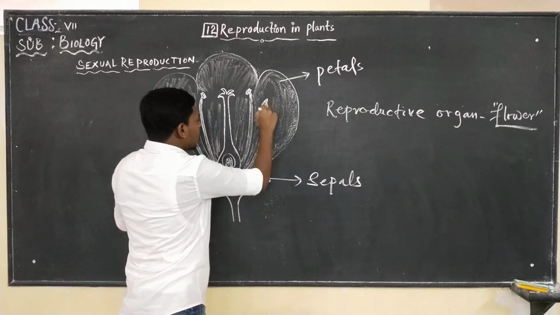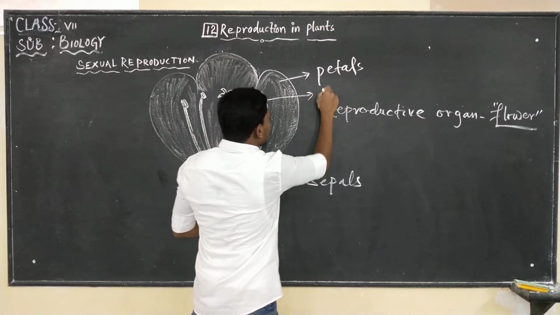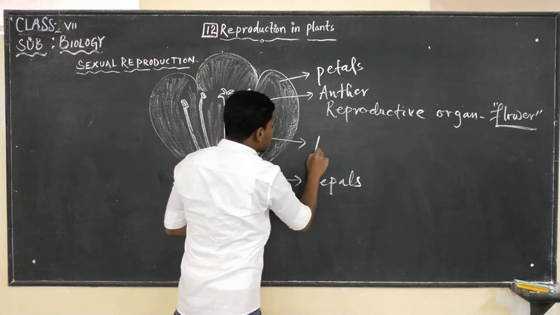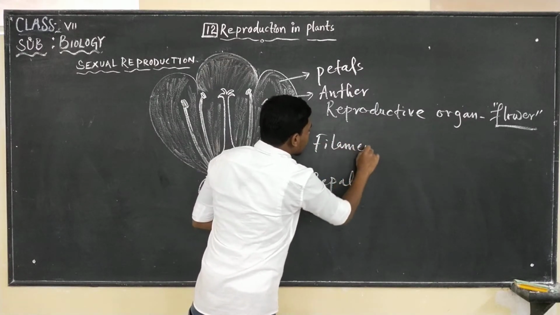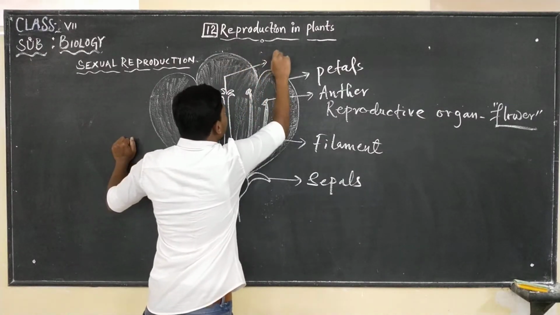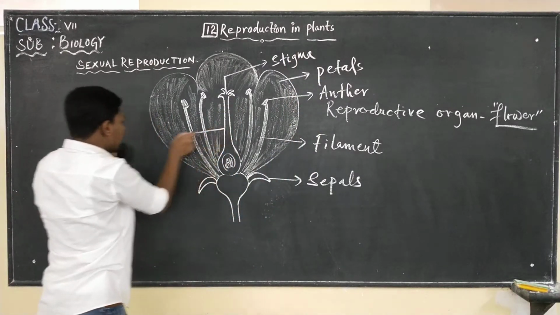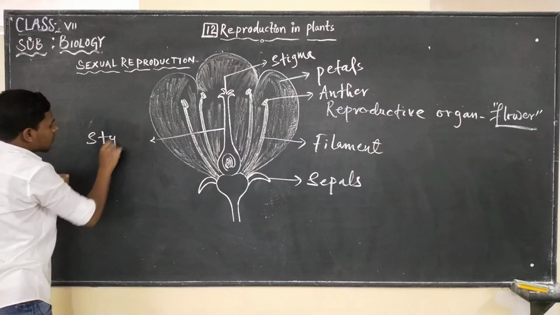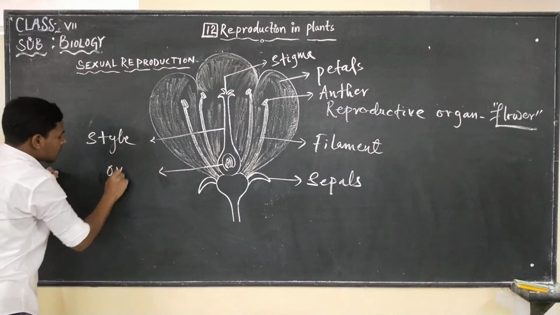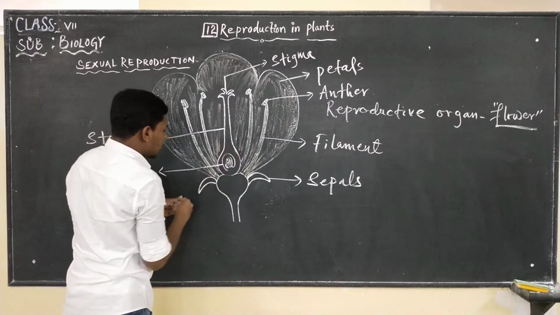This flower will have anther, and this is filament, and this is the stigma, and this is style. And this is ovule, and this part is known as ovary.